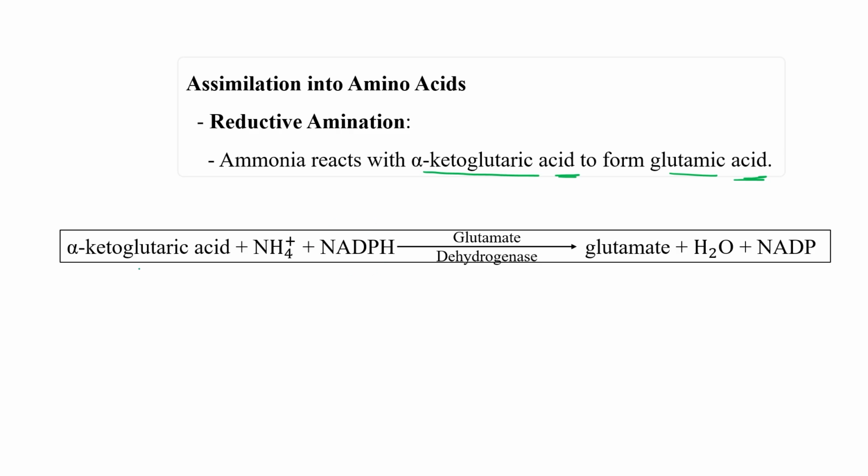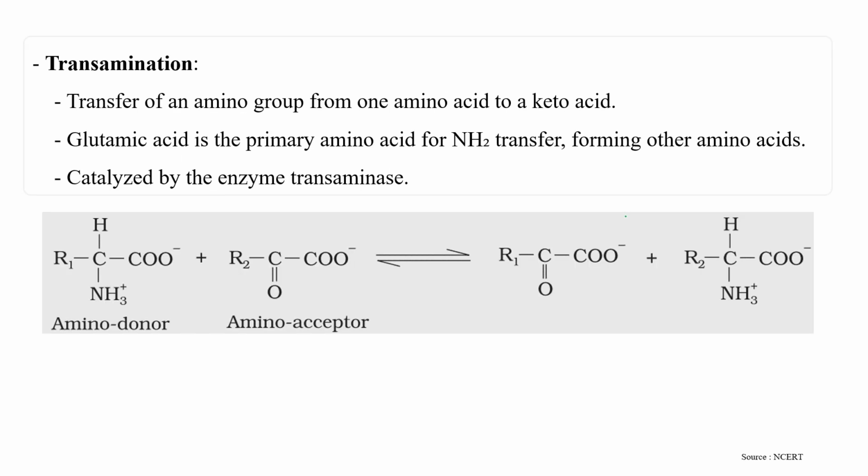The alpha ketoglutaric acid then converts into glutamate and water is released. This process is known as assimilation into the amino acid.